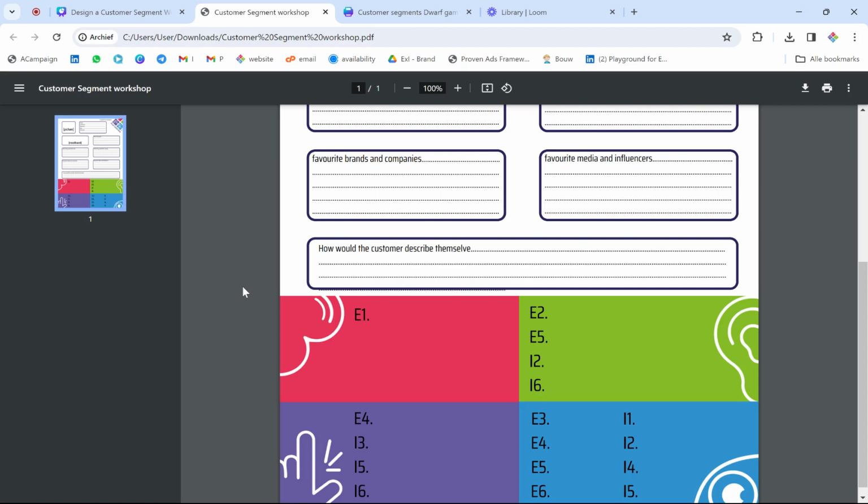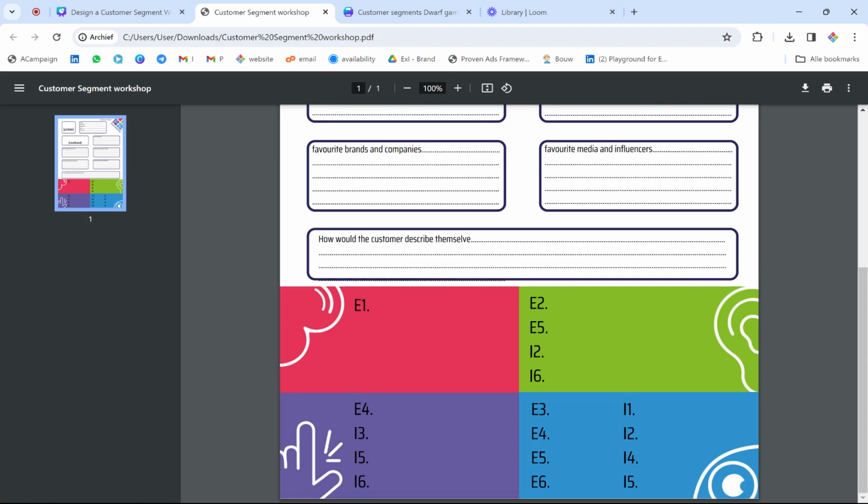Then for those of you who own a playground for entrepreneurs, which is a very interesting entrepreneurship game to play, there are lots of questions in the playground for entrepreneurs to identify your customer segment and to receive and give feedback on that, and to play with the different customer segments and to develop them more, to get to know your customer.